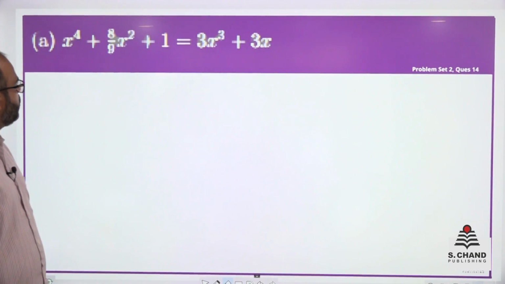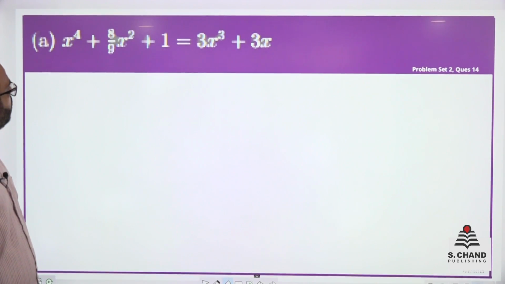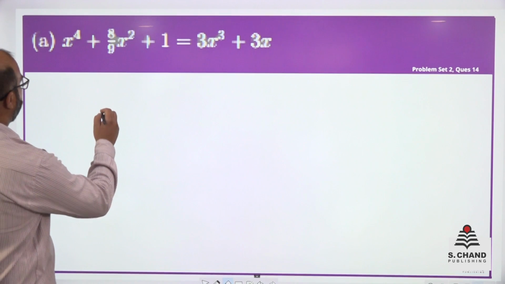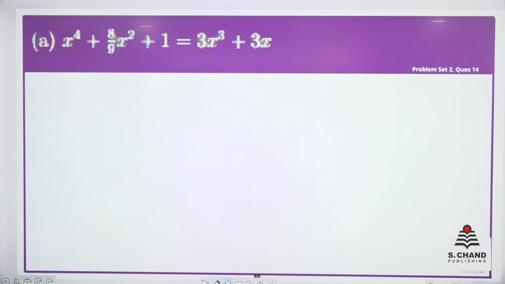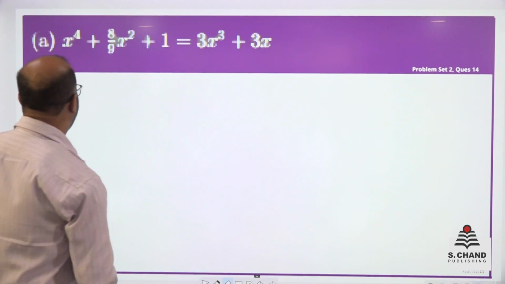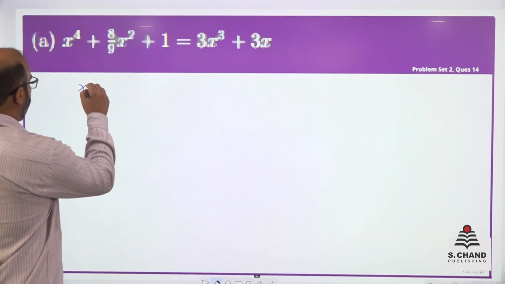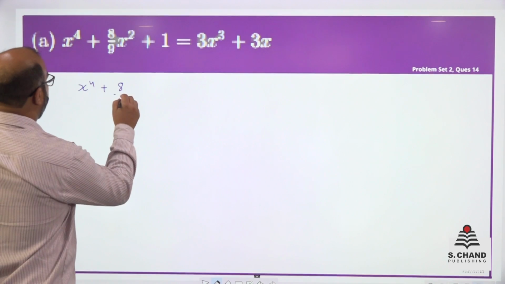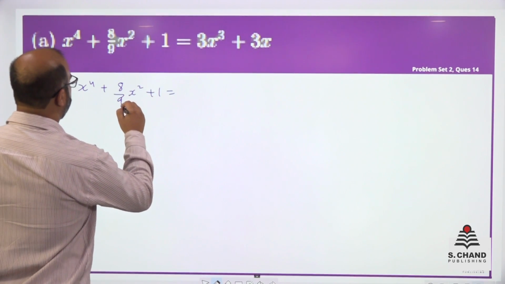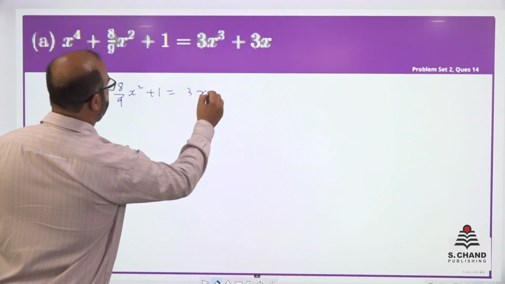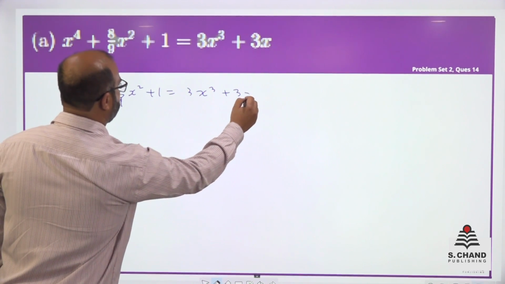Next question is x to the power 4 plus 8 by 9 x square plus 1 is equal to 3x cube plus 3x.